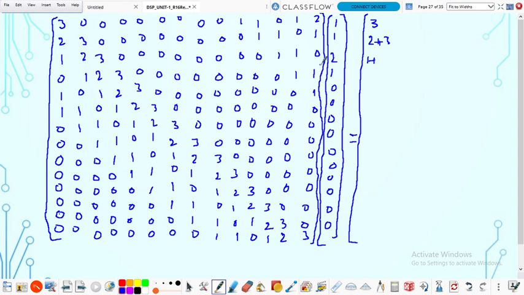Multiplying these two matrices, 1 plus 2 plus 6, 1 plus 4 plus 3, 1 plus 2 plus 2, 1 plus 1 plus 1. Everybody knows matrix multiplication, so directly I am writing the matrix multiplication here.